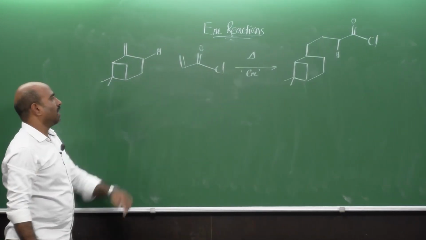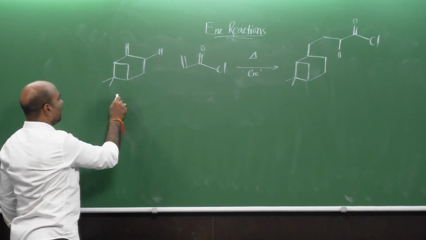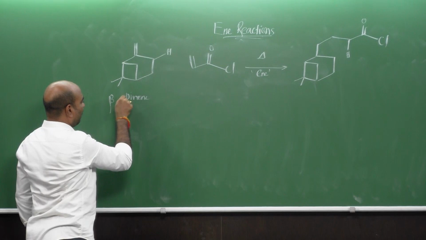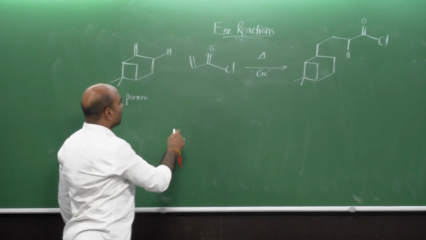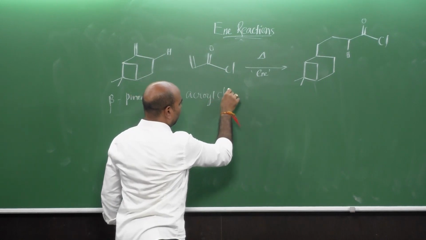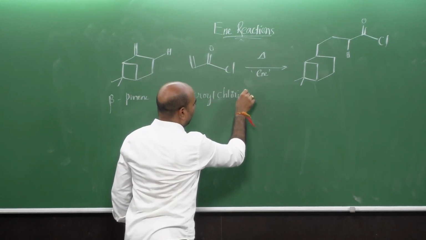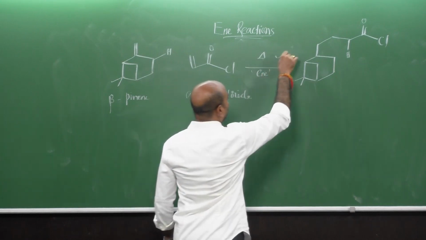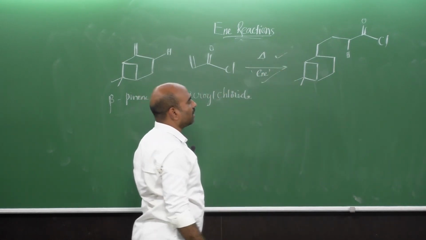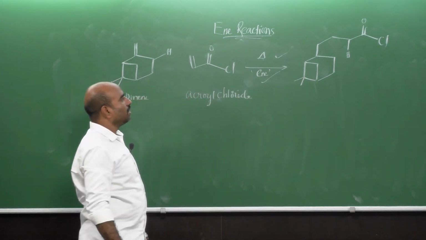So, look at this example where this is the pinene molecule, a beta pinene molecule. On reaction with acroyl chloride under thermal conditions, it will undergo the ene reaction, resulting in the formation of a product.